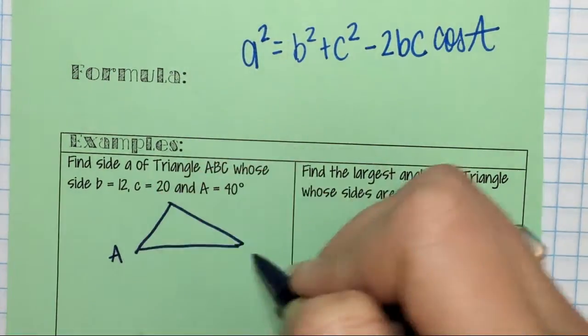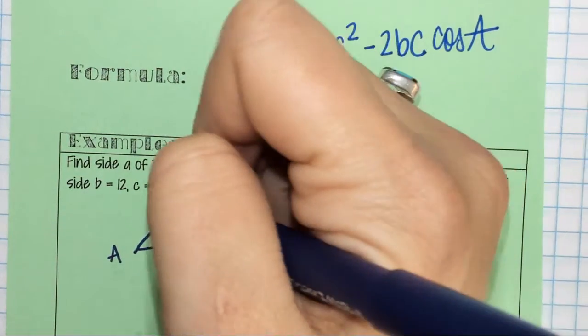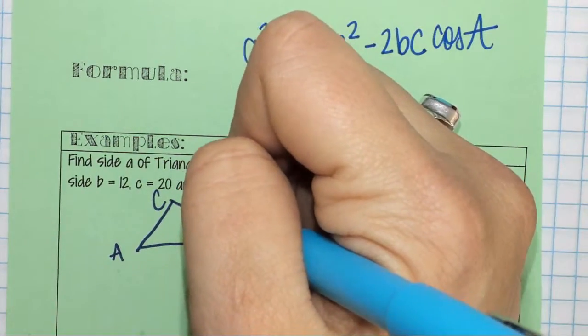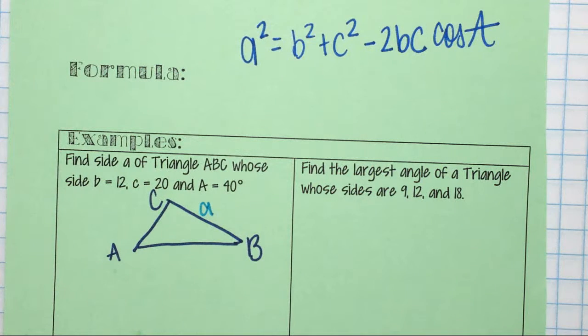Alright, so this is going to be A, this is going to be B, and this is going to be C. Now we're looking for side a, which will be this side right here. Does everybody agree? Yes. Because it's across from the angle.